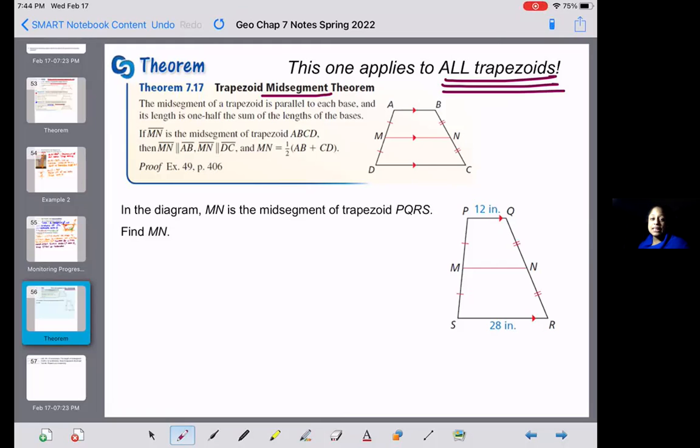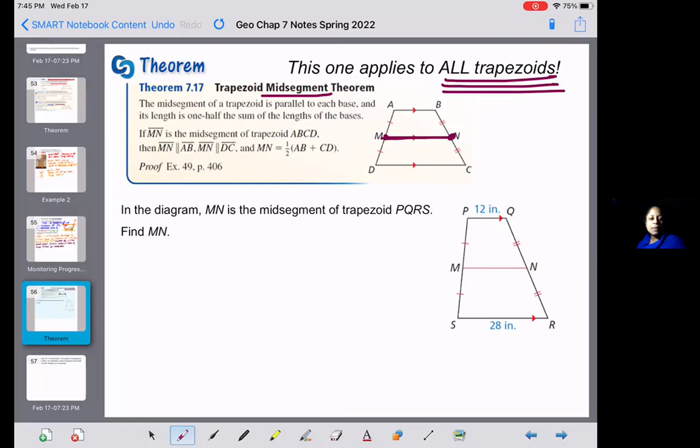So now we've got mid-segments for trapezoids. And so a mid-segment for a trapezoid is pretty much the same thing as a mid-segment for a triangle, except it's on a trapezoid. So it is a segment that conjoins two midpoints. So this is a midpoint, this is a midpoint, this is the segment that connects them together. And so that is a mid-segment of the trapezoid.